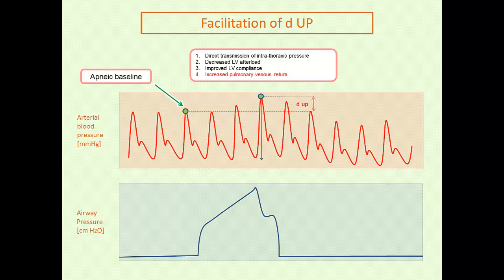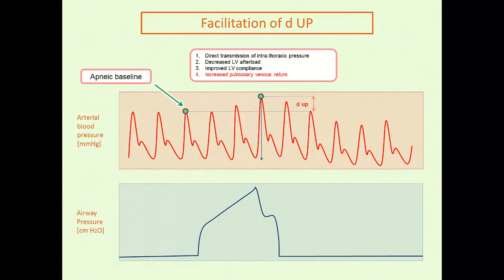And then increased pulmonary venous return. If a patient has waterlogged lungs and they have an excessively high fraction of West Zone 3 physiology, as you increase your transpulmonary pressure, as you increase your lung volume, you will augment pulmonary venous flow, and you'll actually preload the left ventricle during inspiration.